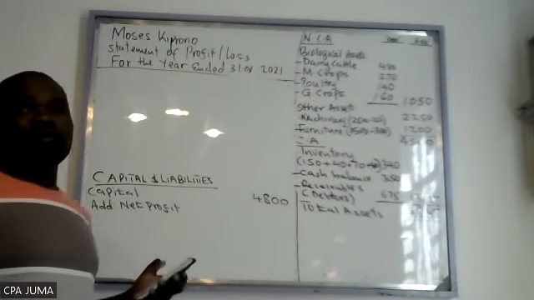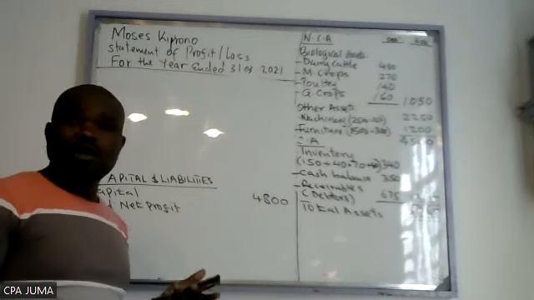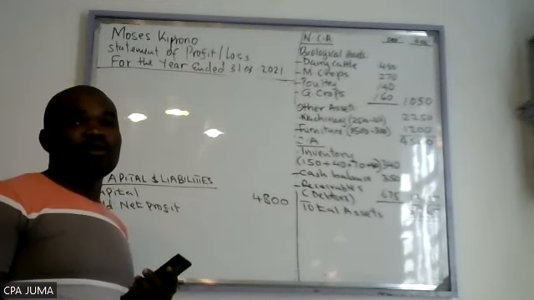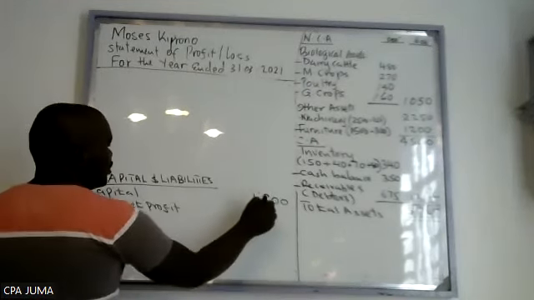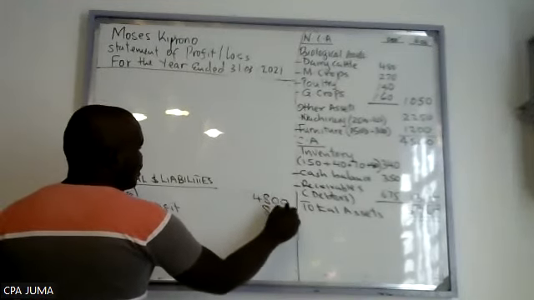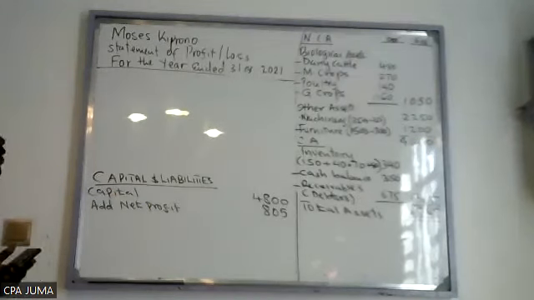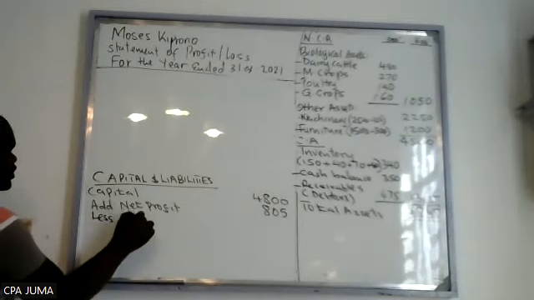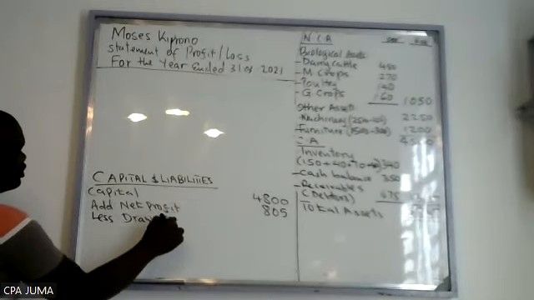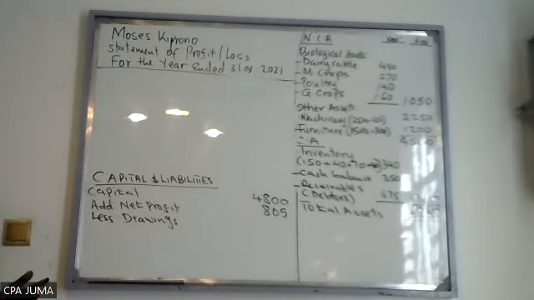How much was our net profit? The net profit from P&L, we got 805. Thank you. 805. You less drawings. So less drawings.